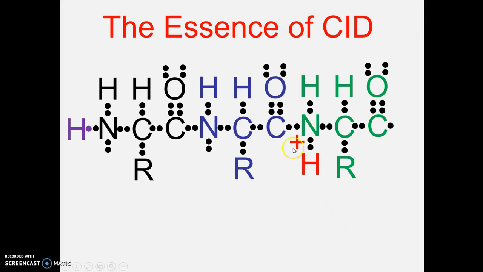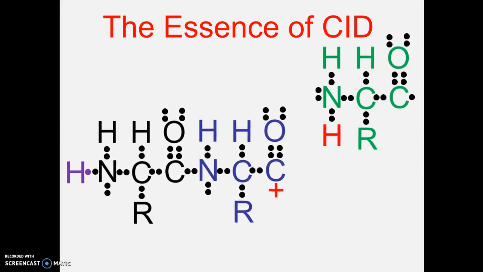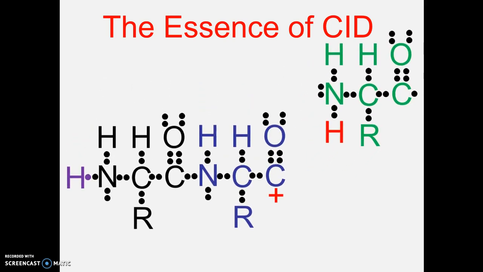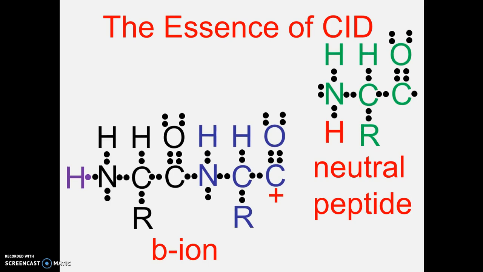Now what happens when an electron goes from a bond to a lone pair? That's what happens. It breaks. There's no more bond. And what we've created, assuming that we started with a singly charged peptide, is a B ion and a neutral peptide. Now this neutral is exactly like any other peptide, but we don't see it in the mass spectrometer.